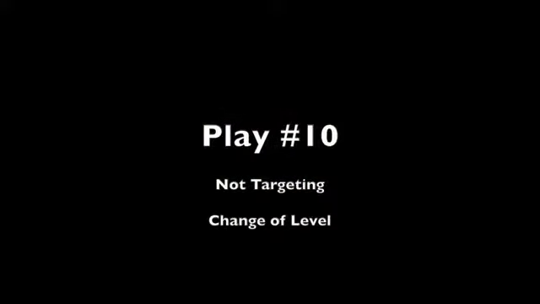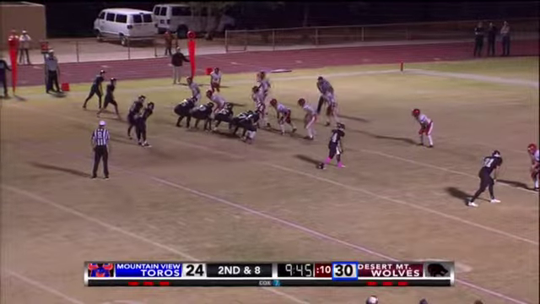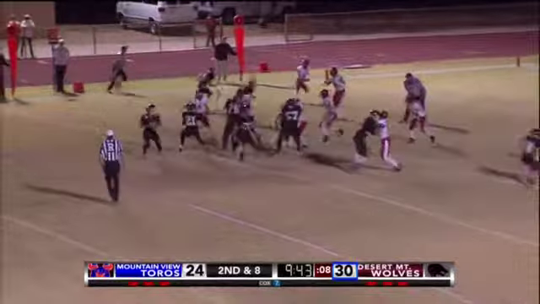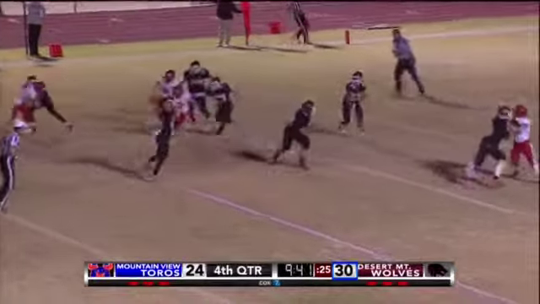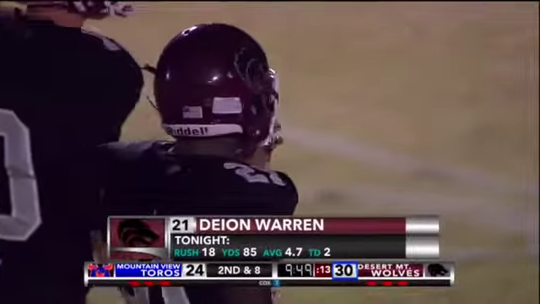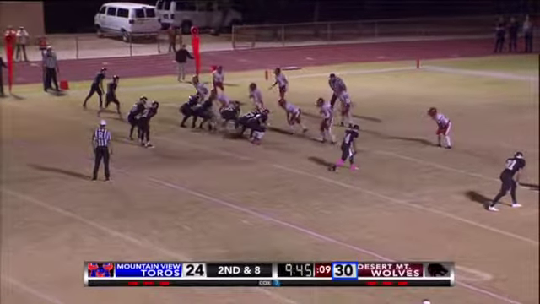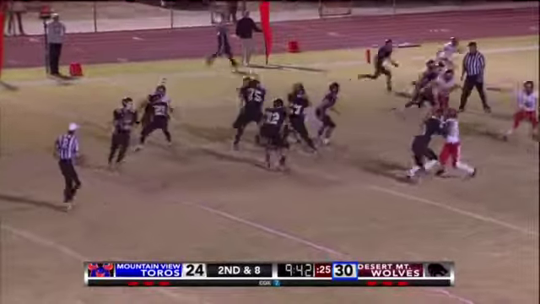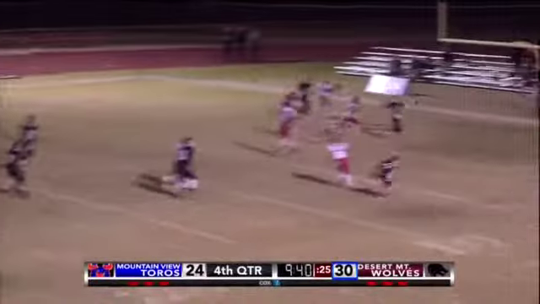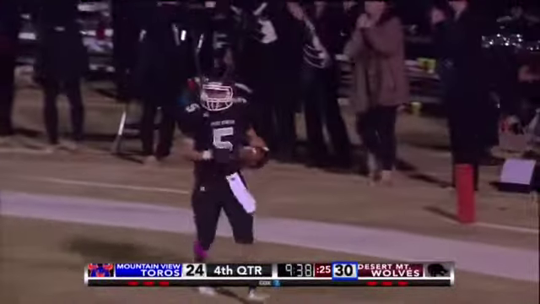Moving on to play number 10, and in this play we're going to introduce the concept of changing levels. What that concept means is that the targeting foul requires a player to aim and initiate contact above the shoulders. Therefore, if a player commits to making a legal hit and his opponent changes levels into that zone, even though we have a shoulder to a helmet in this case, that would not be considered targeting.